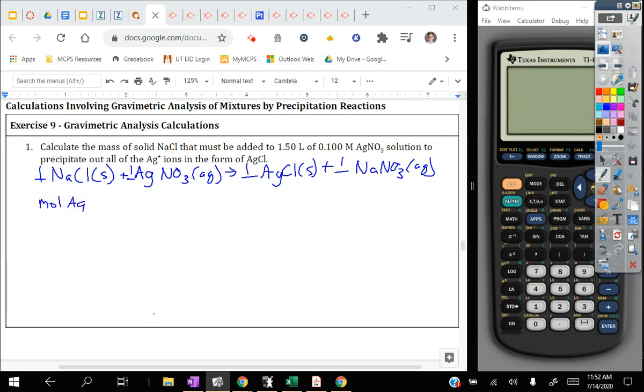Need moles of AgNO3 to find the moles of NaCl, and then we can find the grams of our sodium chloride needed. So that's essentially our pathway here.